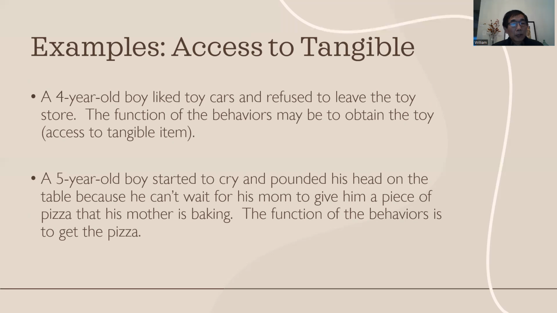Second example, a 5-year-old boy started to cry and pounded his head on the table because he couldn't wait for his mom to give him a piece of pizza that his mom was cooking. So the function of the behavior of the boy is to get pizza.